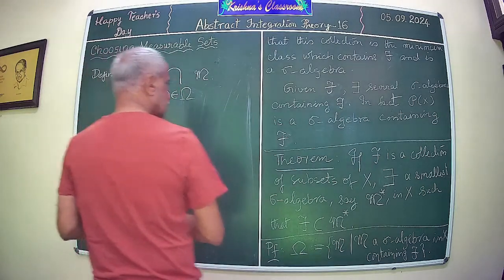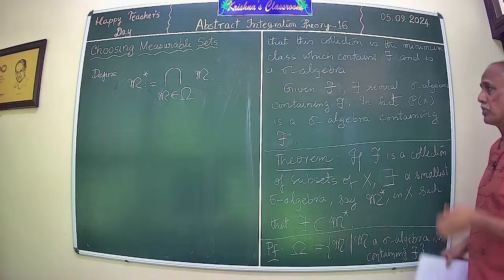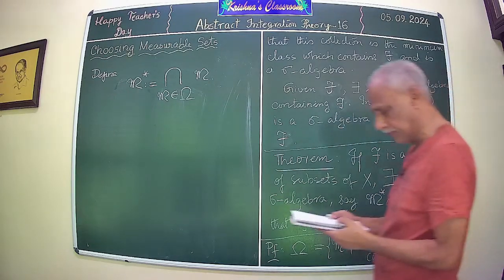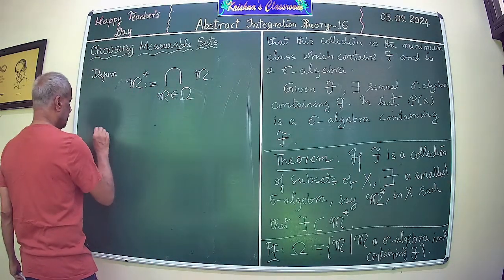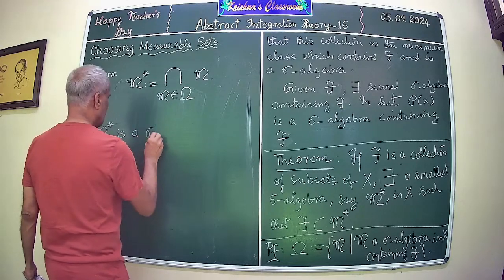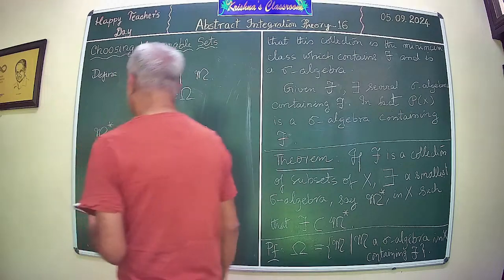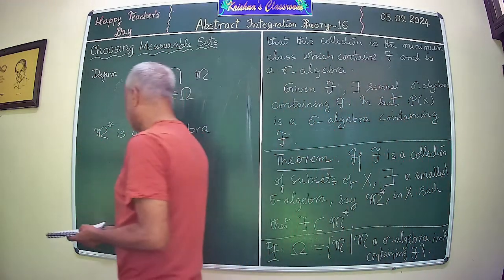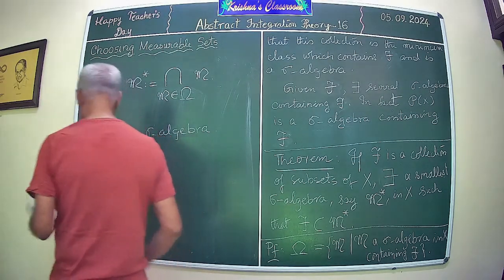Now, we want to investigate whether this is a sigma algebra. If it is, then everything is done. So we claim it's a sigma algebra. How do you prove that? What are the things that you have to show? First thing we have to check is that X belongs to M star.